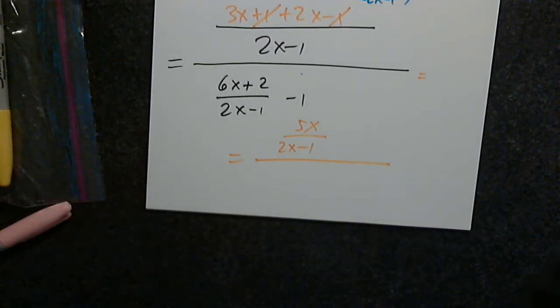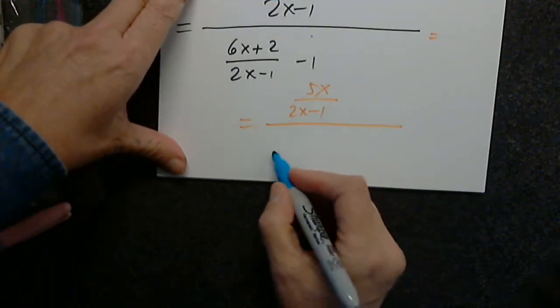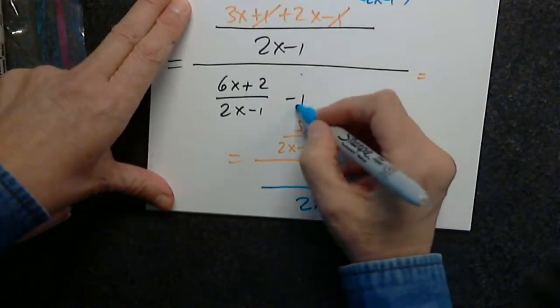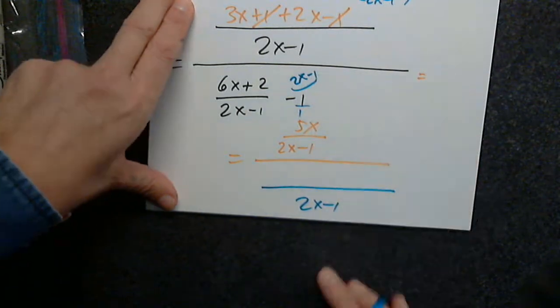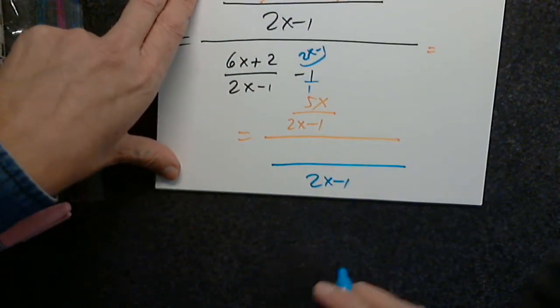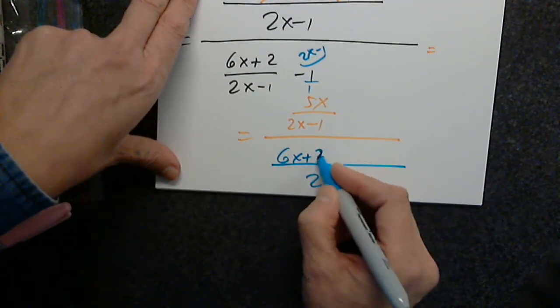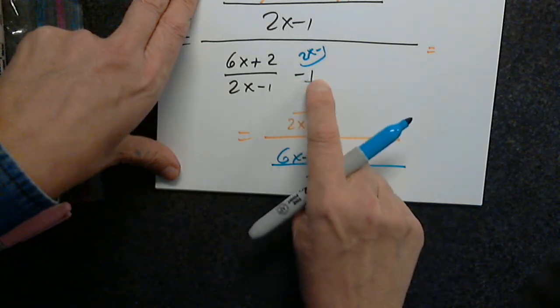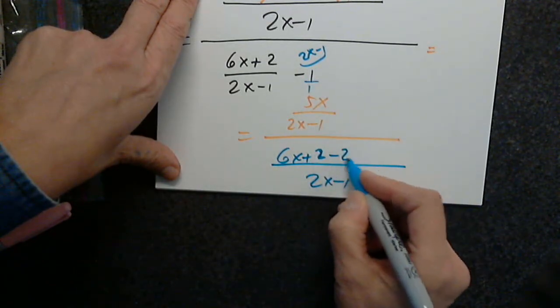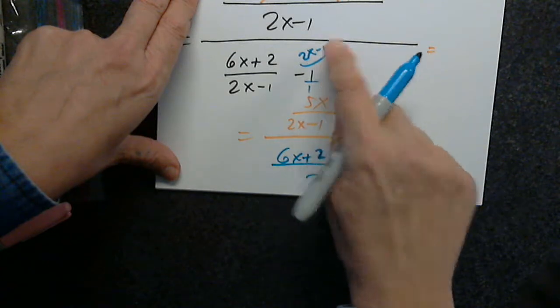And now I'm able to continue with the denominator. What is the least common denominator in the denominator? Okay, very good. 2x minus 1. Remember the same thing. This needs a 2x minus 1. What do I write? 6x plus 2. 6x plus 2. Plus 2x. Careful. Minus 1 times 2x. And minus 1 times negative 1.